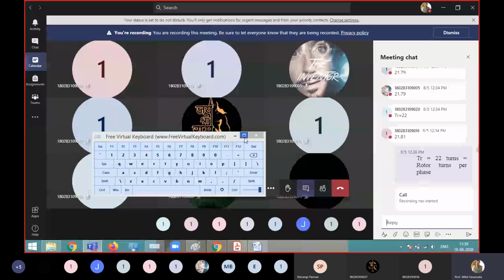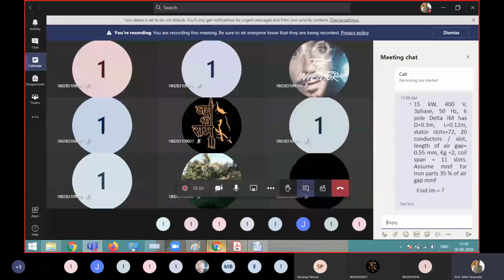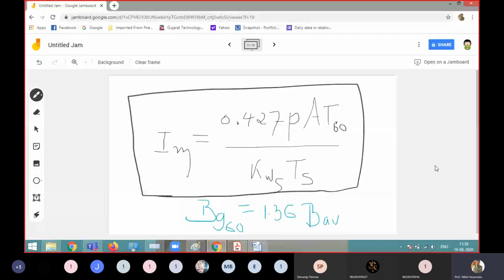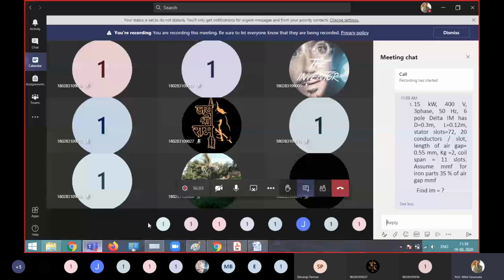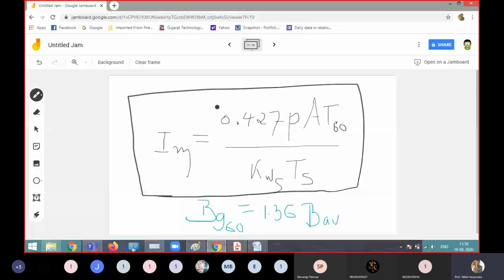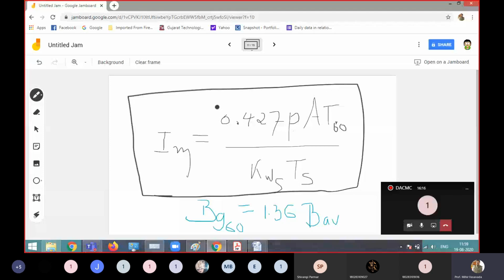Right, I have also written the numerical in the chat box, and this equation is on the screen. You can copy that equation, and you are supposed to remember these two equations. Once you copy this, let me know, and I will shift my screen to the numerical data.